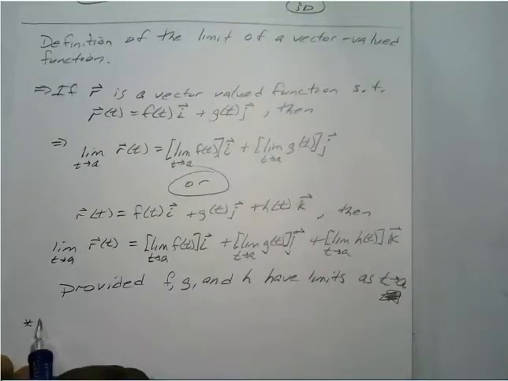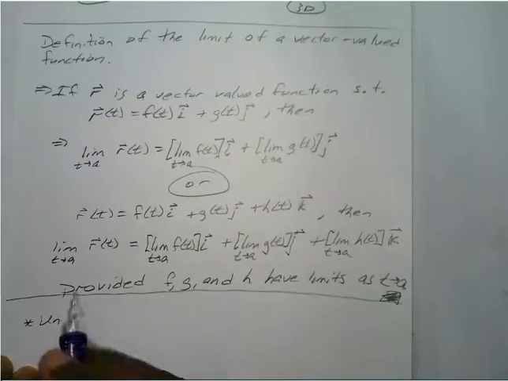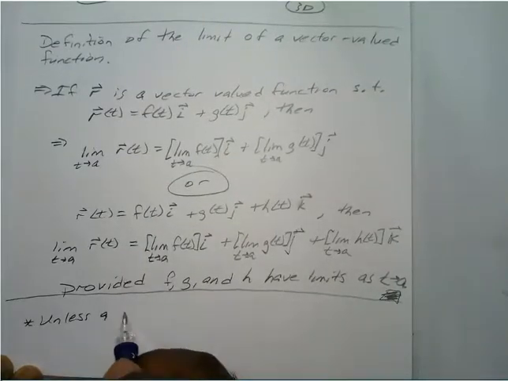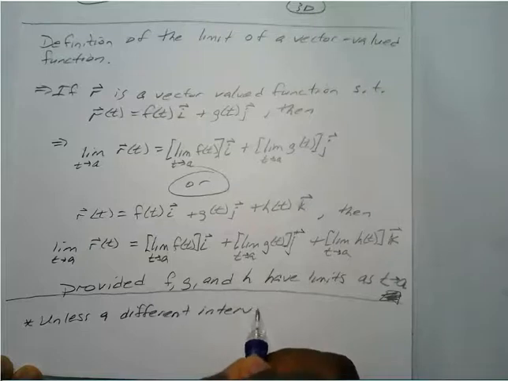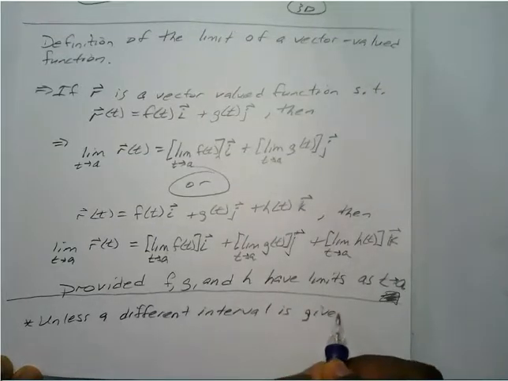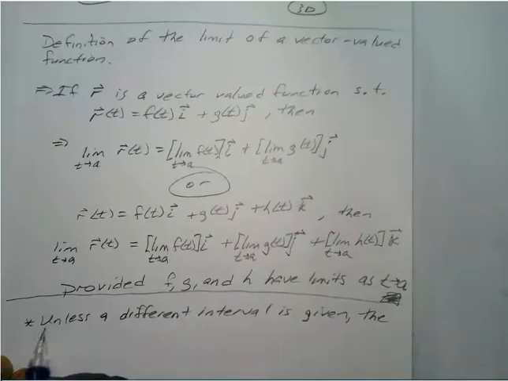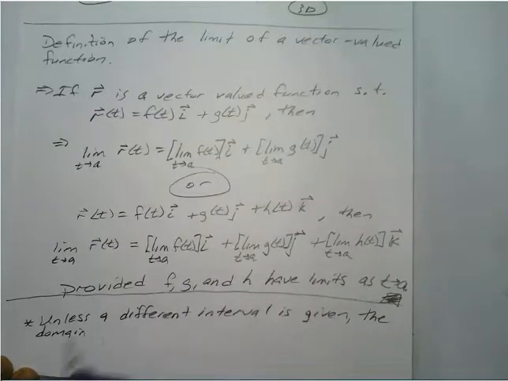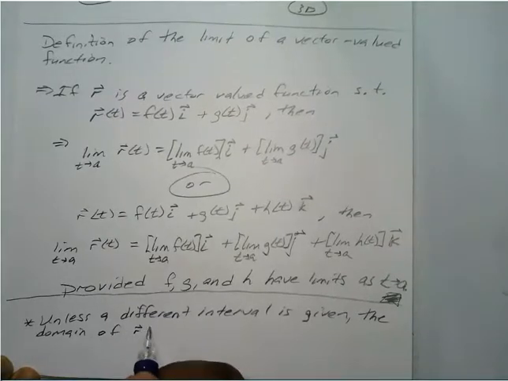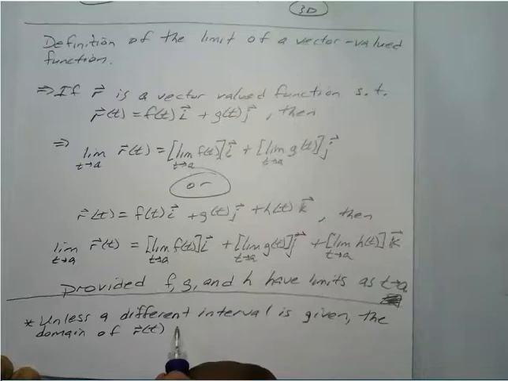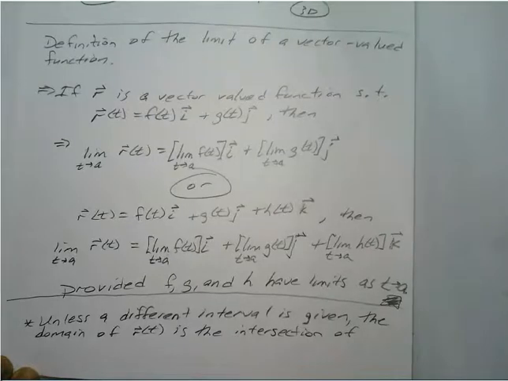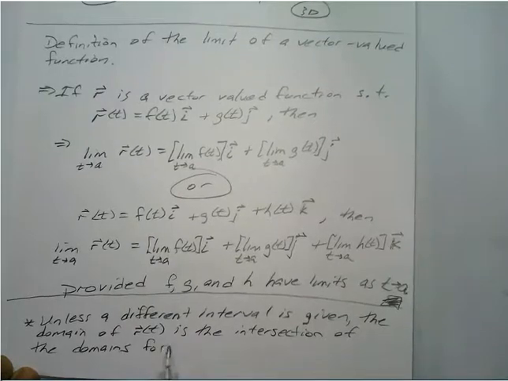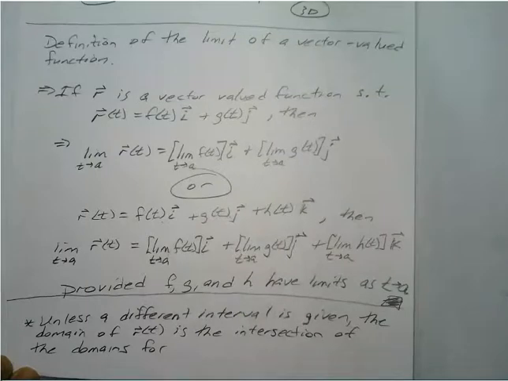Unless a different interval is given, the domain of our vector of t is the intersection of the domains for our f of t, g of t, and h of t if we're in 3 dimensions.